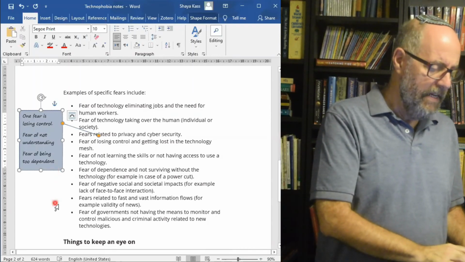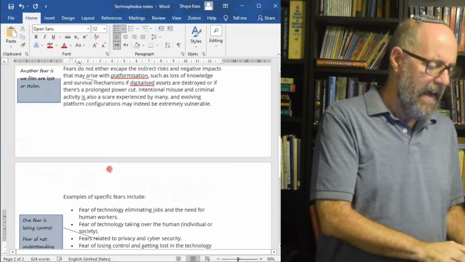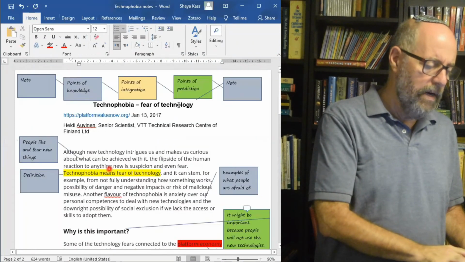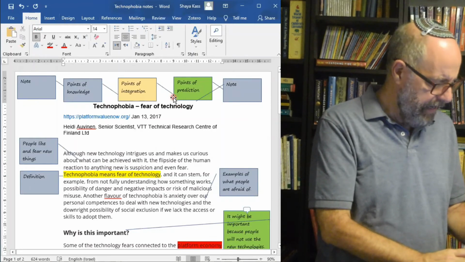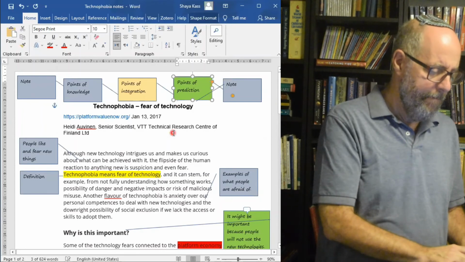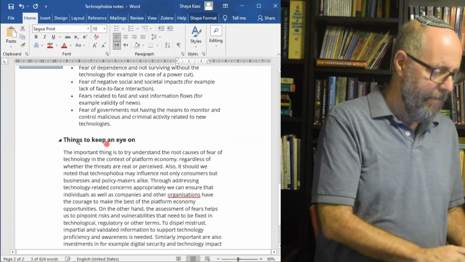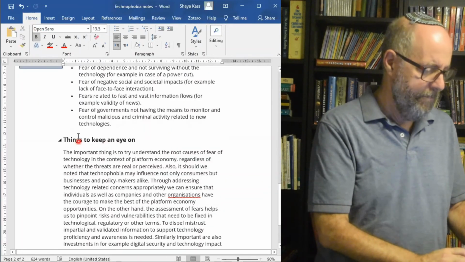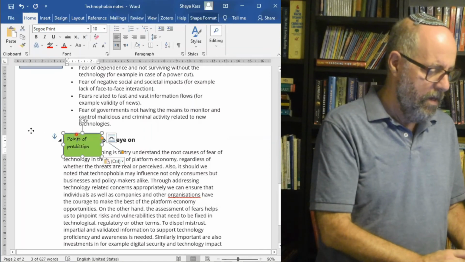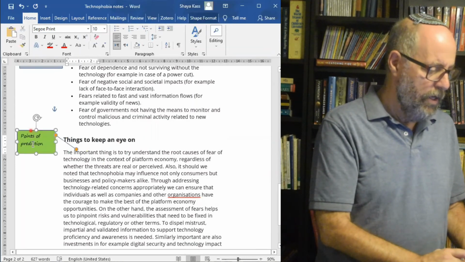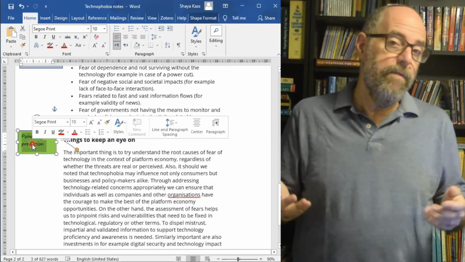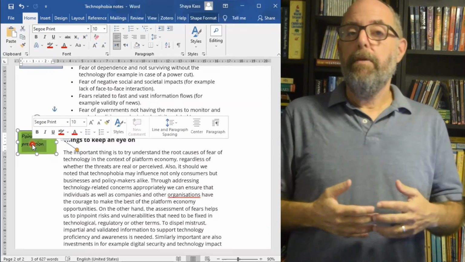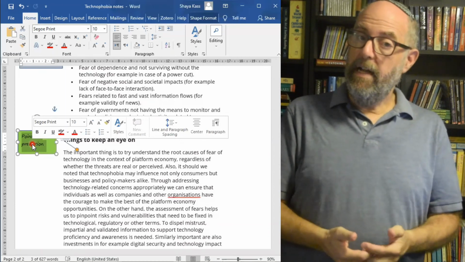Things to keep an eye on. So I'm guessing here that before I read it, I want to make a prediction of what I think they're going to tell us to keep an eye on. So I predicted at the beginning that one of the big problems might be that if people are afraid, they're not going to use the technology.